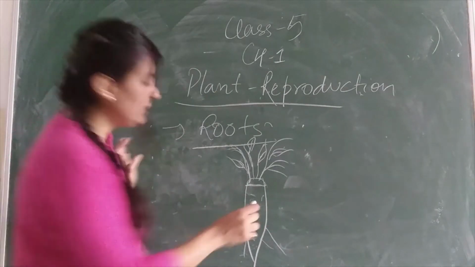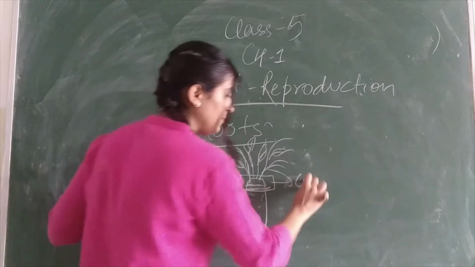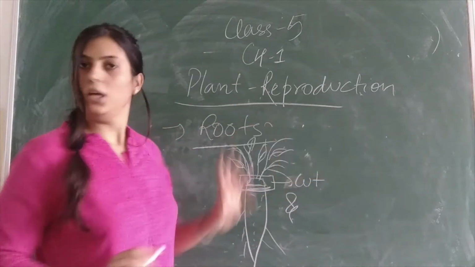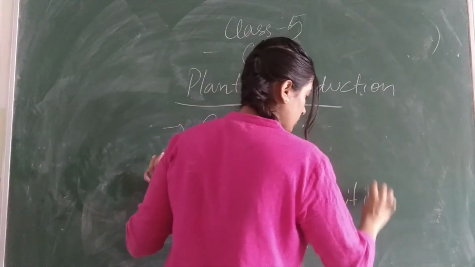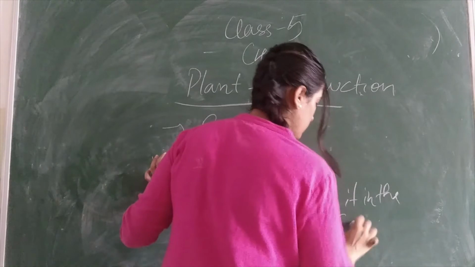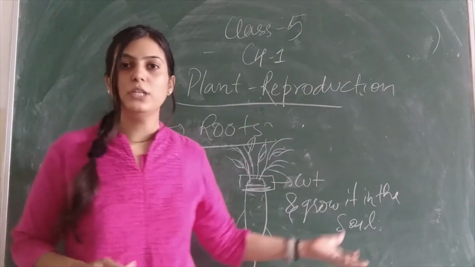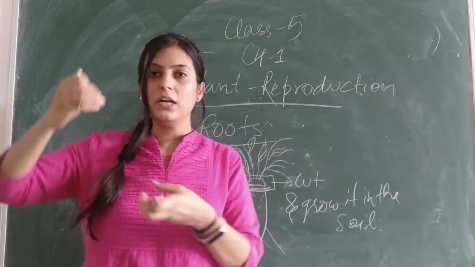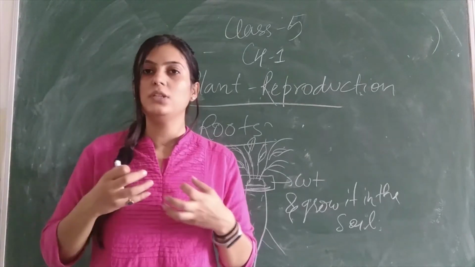I have shown you radish, and you have to cut this part and grow it into the soil. You can also apply this method with roots. There are some other roots also. If you take out the root and plant it in the soil, plants will start growing.